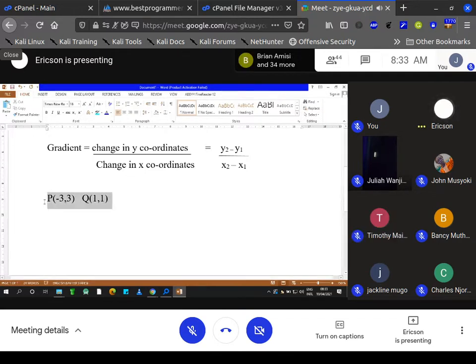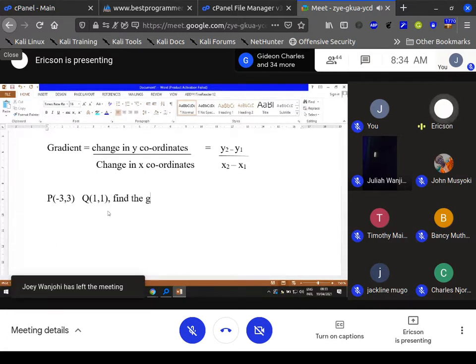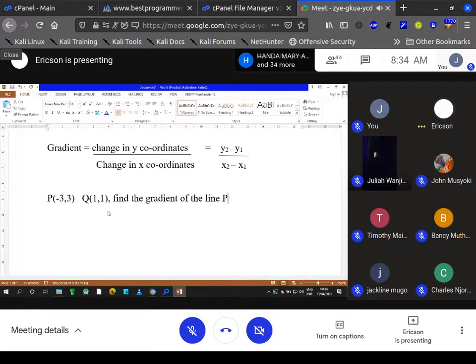Using these coordinates, draw a graph, then from the graph find the gradient of the line PQ.